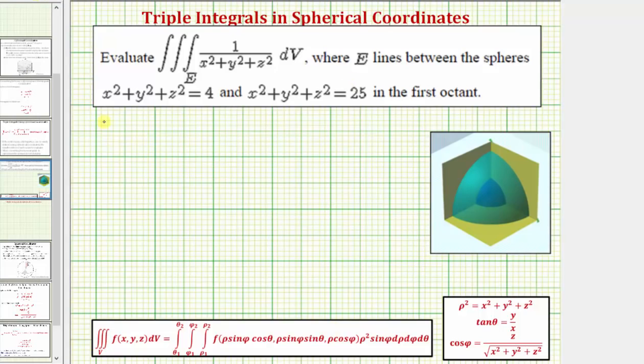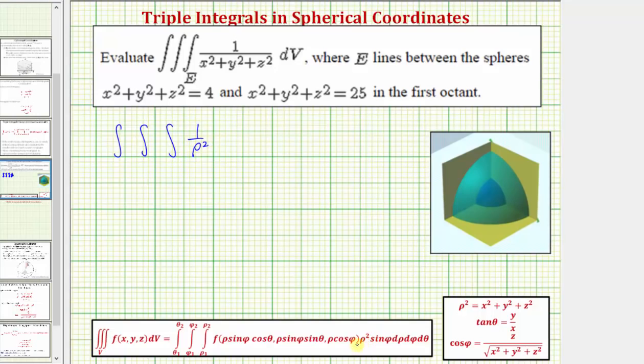So in spherical coordinates, we'll have a triple integral. Notice f of x comma y comma z is this rational function here, which we must write as a function of rho, phi, and theta. And because x squared plus y squared plus z squared is equal to rho squared, we can write this as 1 over rho squared.